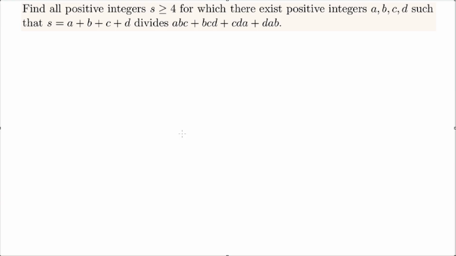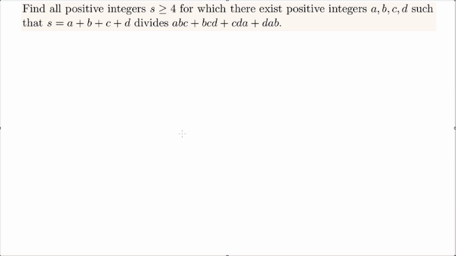Find all positive integers s greater than or equal to 4, for which there exist positive integers a, b, c, and d, such that s equals a plus b plus c plus d, and s divides abc plus bcd plus cda plus dab. Now go ahead and try out this problem on your own and pause the video to try it. And when you're ready to discuss this problem, hit the play button and we'll discuss it together.